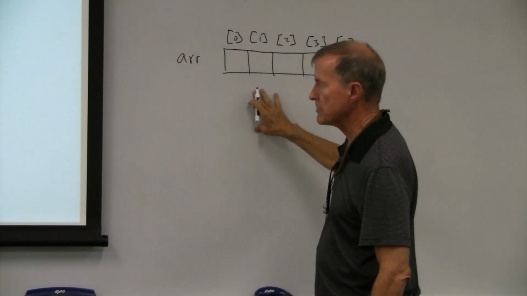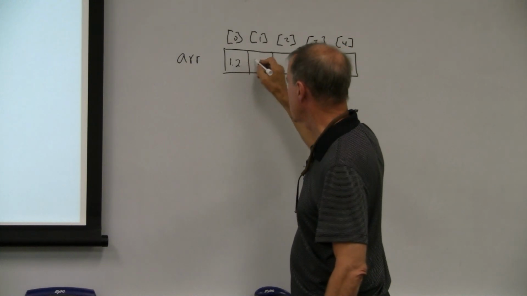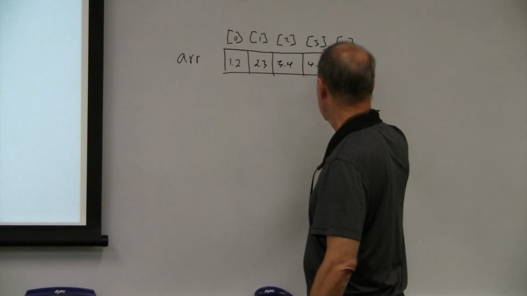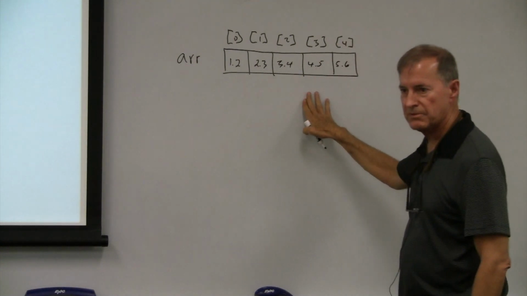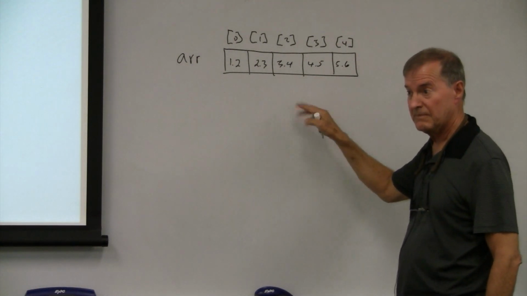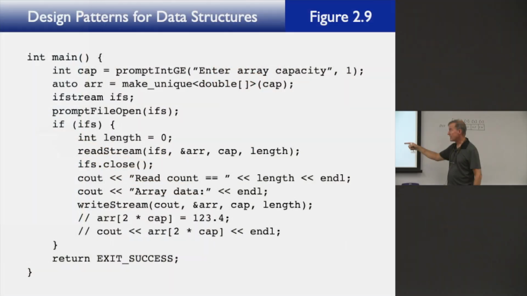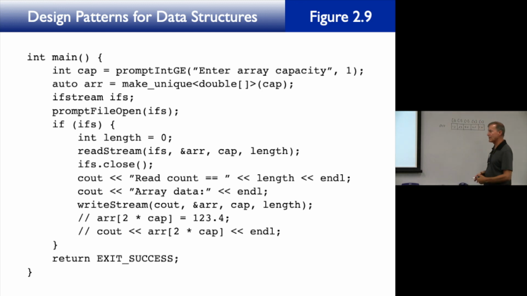And there were numbers in here. I forgot what they were. Something like 1.2, 2.3, 3.4, 4.5. I don't remember if these are the exact numbers, but anyway, are you with me? Now, when we said array sub 10 gets 123.4, what happened literally?